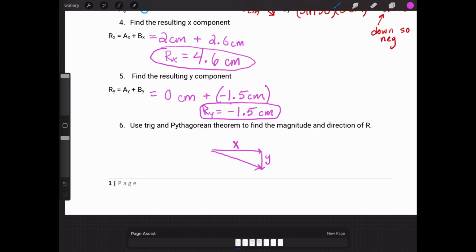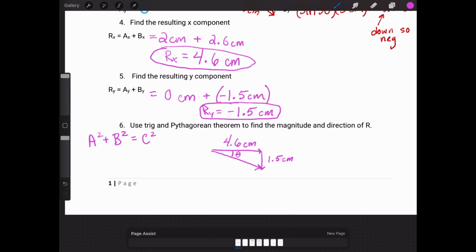I'm just labeling these x's and y's so we can see there. Now, I would always recommend putting your values for your triangle on your triangle. Notice how the 1.5 is now positive. And a reminder, the angle will always go in the corner of the triangle that we started at.